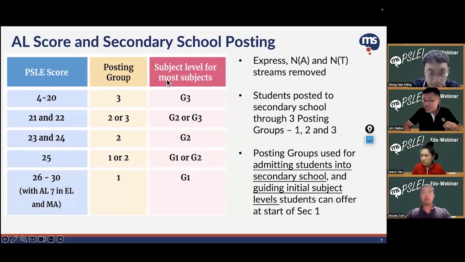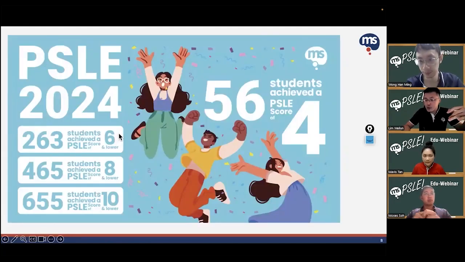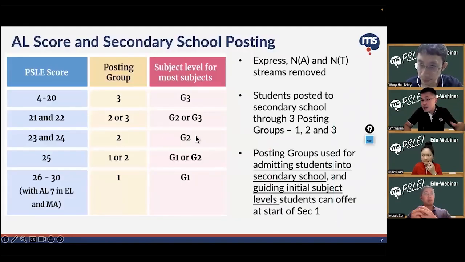You see here, why do they say most? Why do they say most? The reason why they say most is, remember what I said about the mix and matching. So even from the get-go, once you enter into the school, MOE will look at it in terms of the consideration. For example, let's say you enter via posting group 2, right? So most of your subjects are going to be at the G2 level, okay?